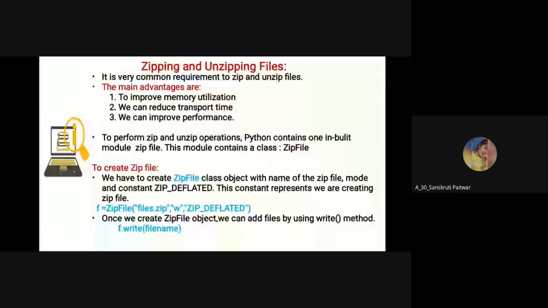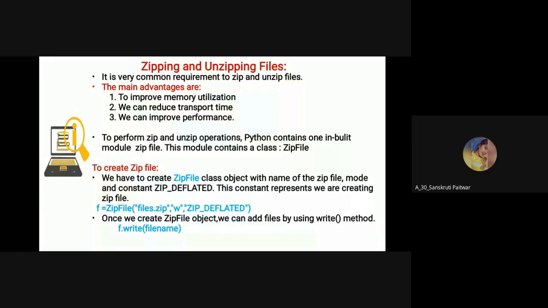And that module name is zipfile. Okay. So you have to import this module whenever you are zipping or unzipping files. Now this module contains a class ZipFile. First you will see how to create a zip file. So we have to create a ZipFile class object with the name of the zip file, then the mode, and the constant ZIP_DEFLATED.